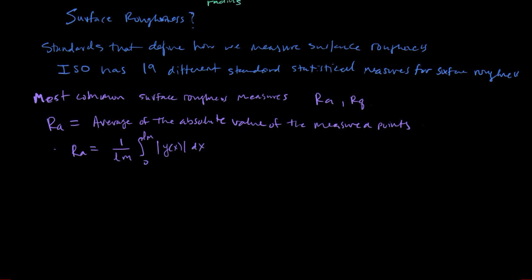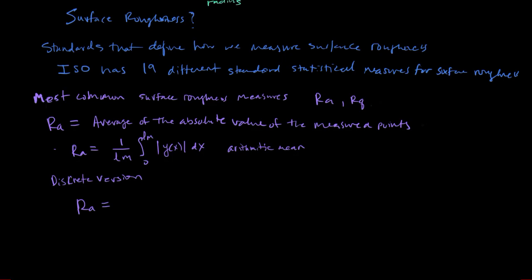And this is also the arithmetic mean. And we also have the discrete version of it. Okay, so this is your definition, and when we actually take data, we have discretized data points, and this is our discrete version of RA.